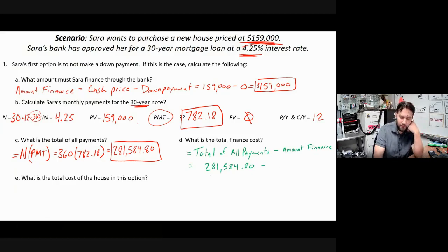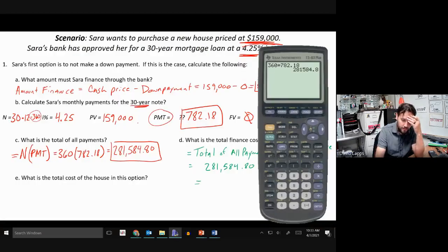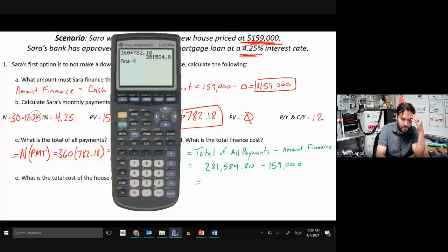How much did the bank give her? $159,000. She paid the bank $281,000. And so the bank ended up charging her, let's calculate that out here. Let's just take that and subtract $159,000. $122,584.80.